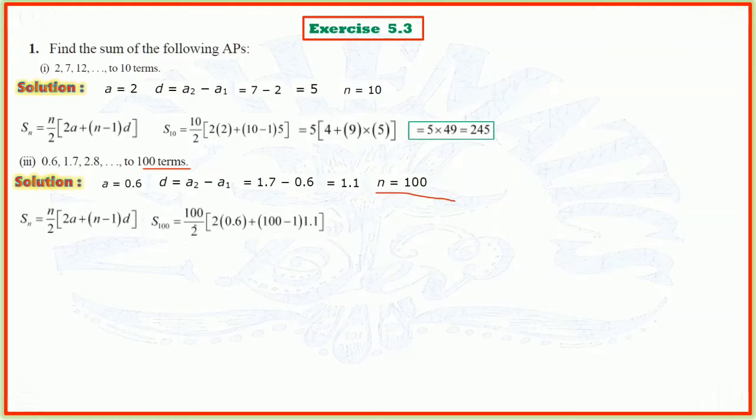S100 equals 100 by 2, 50 into 2a, 2 into a 0.6, plus 100 minus 1 into d. d is what? 1.1.